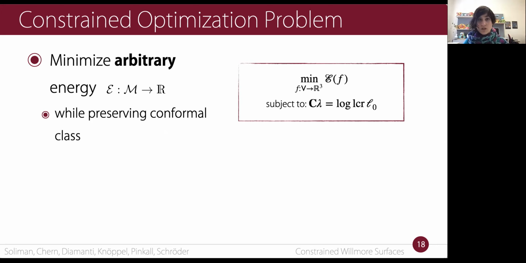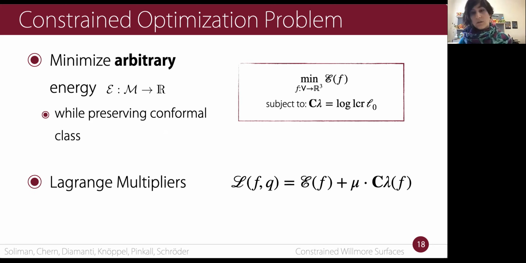And the way we deal with this constrained optimization problem is we look at it with Lagrange multipliers. So you just form this Lagrangian with this energy and the constraint, and you can work the whole thing out and get the Euler-Lagrange equations for this problem, by taking derivatives of this Lagrangian.